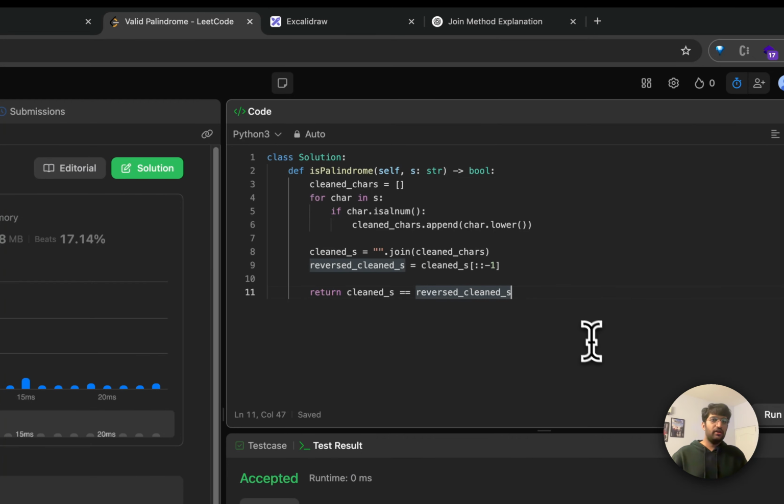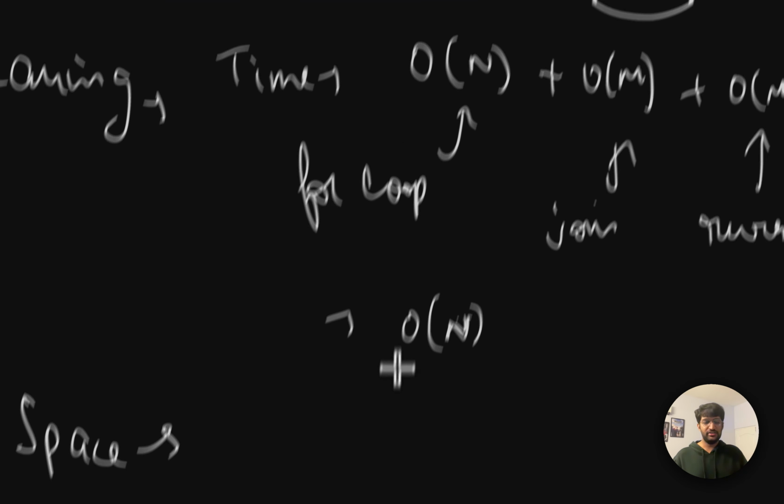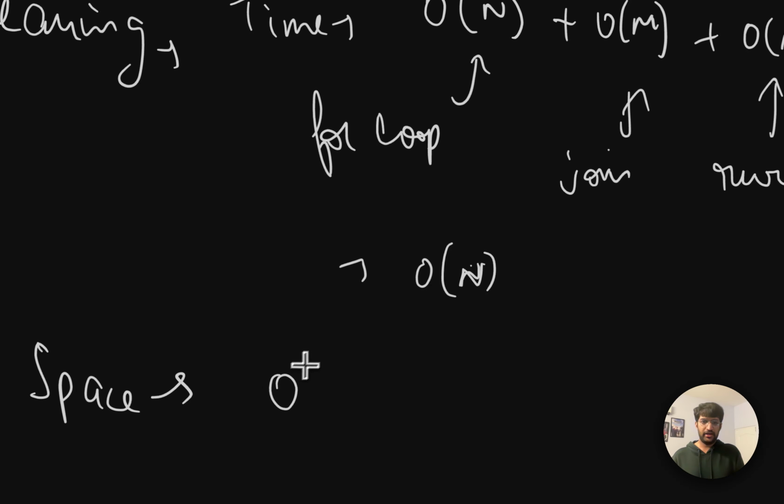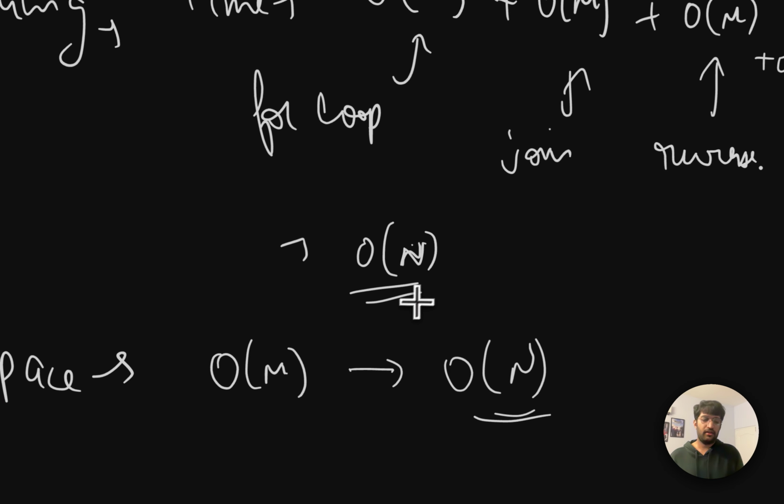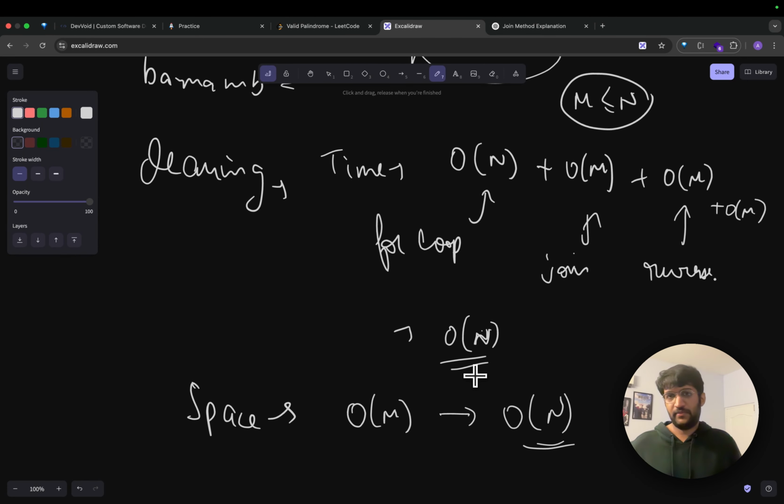So pretty much O of m is the complexity for this. But m's worst is n, so that can also be written as O of n. Why? Because in the worst case m is equal to n. The largest value of m is n. So space is going to be O of n as well, because you are storing the characters of the string.